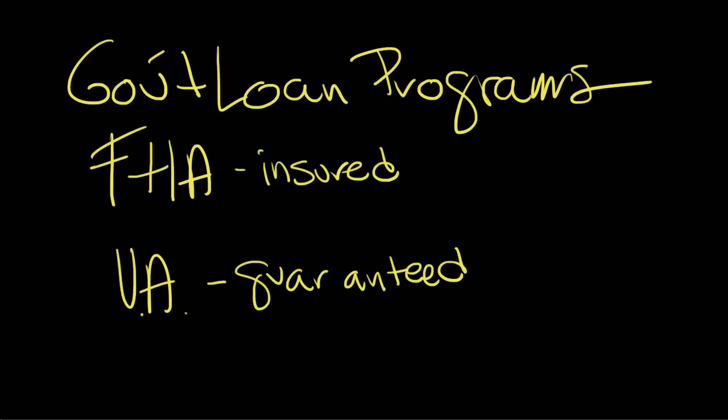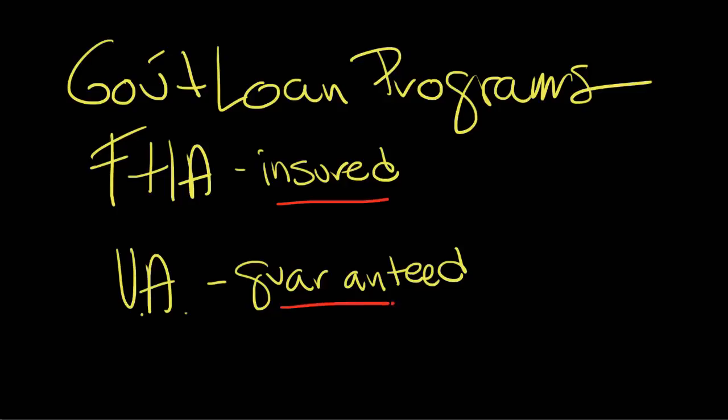We shouldn't go too much further, however, before we talk about some government loan programs. The first government loan program that we want to touch base about is the FHA. You want to memorize the fact that the FHA insures the loan as compared to the other big federal government loan program, and there are many, but for today you really only need to know these two.